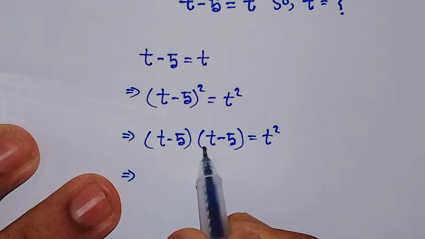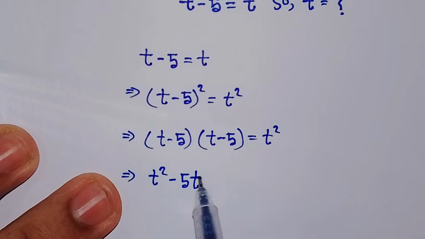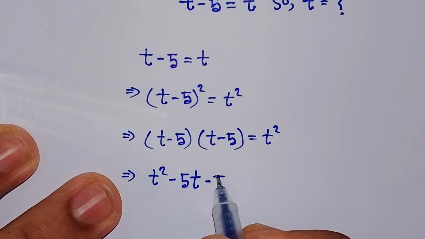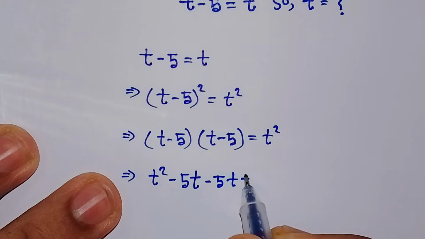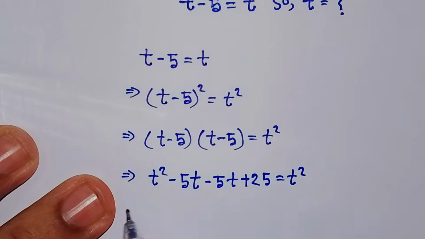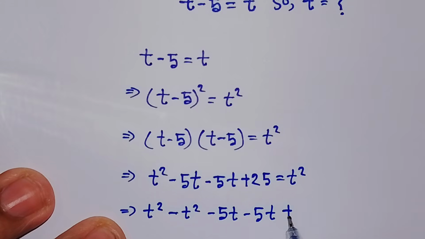So t times t equal t square, minus 5 times t equals minus 5t, minus t times 5 equals minus 5t, plus 25 equal t square. Now t square minus t square minus 5t minus 5t plus 25 equal 0.